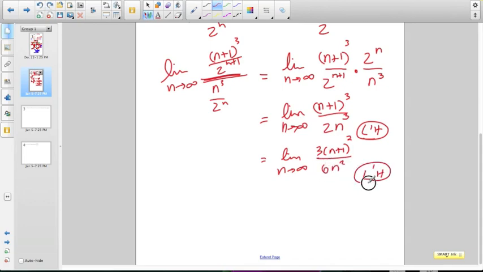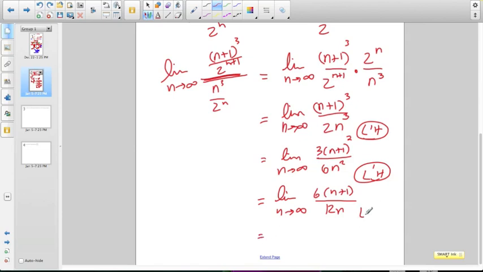Okay, so we're going to do L'Hopital's again. Limit as n goes to infinity of, taking the derivative of the top, bring the 2 down, so it becomes 6 times (n plus 1) to the first power, times the derivative of the inside, which is just 1, over, bring the 2 down, 12n.